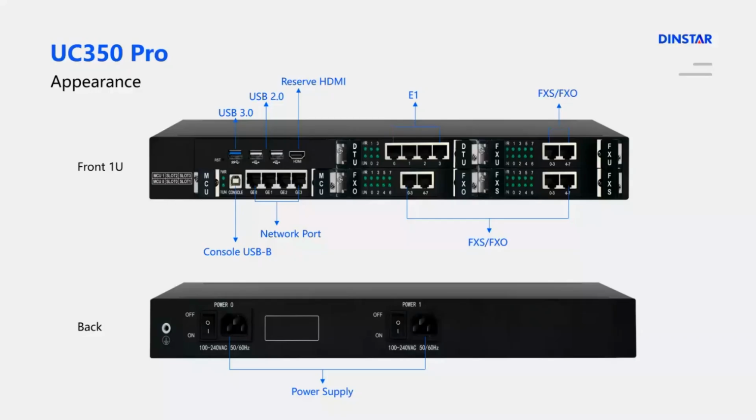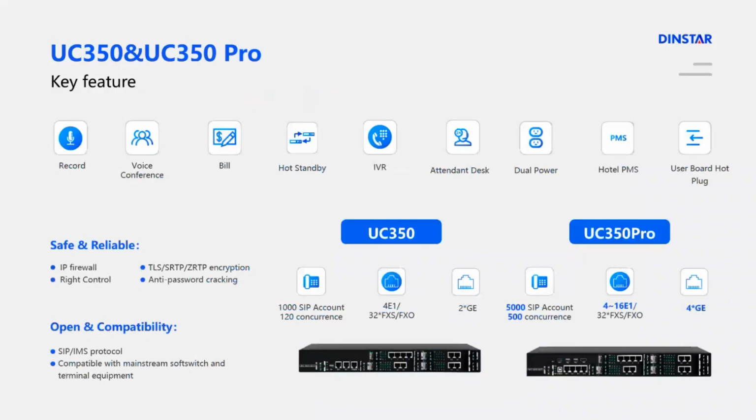And their key features step up again. The UC315 supports 1000 extensions and 120 concurrent calls, and 4 E1, and the UC315 Pro scales way up to 5000 extensions and 500 concurrent calls, 16 E1, plus 4G port for faster networking.